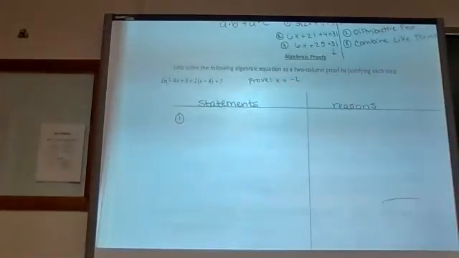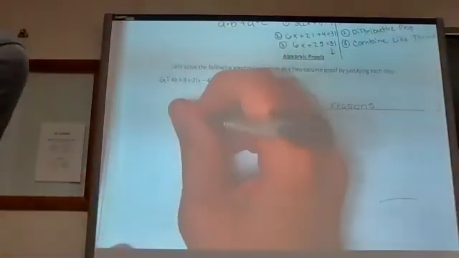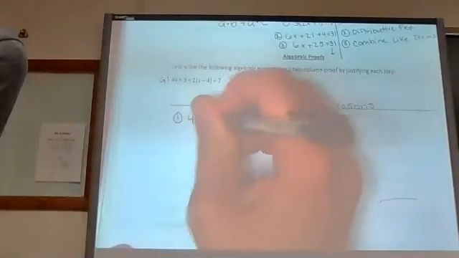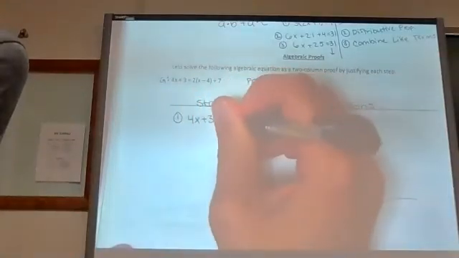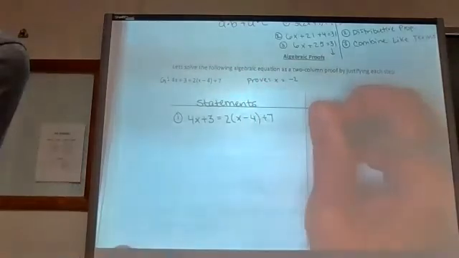Now, my first statement is always the given. My first statement is always the given: 4x plus 3 equals 2, in parentheses, x minus 4, plus 7.